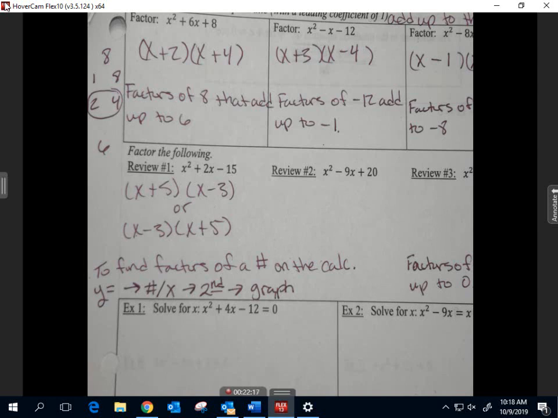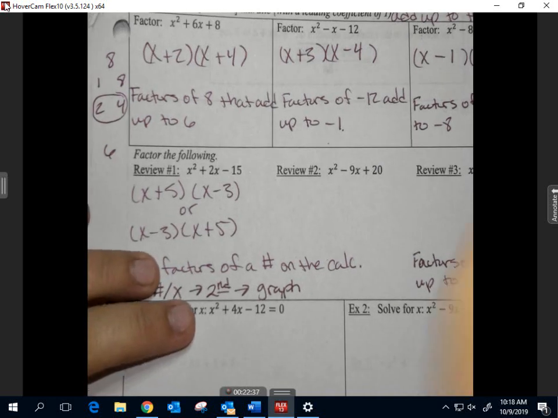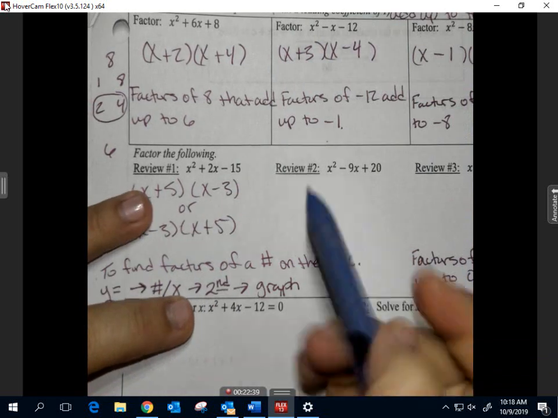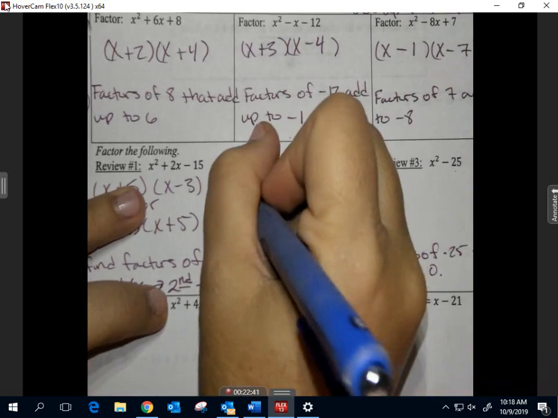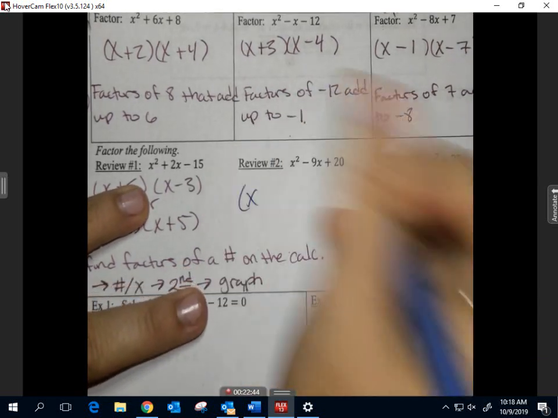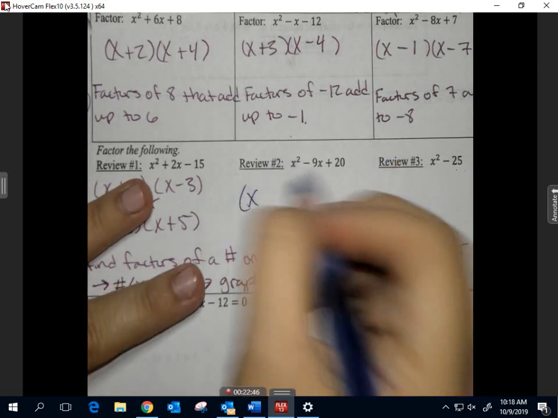Do we start solving the other one? No, don't. That looks good. Yes. All right, I'm going to put the answers up so you can see what you're supposed to get. Most of you are getting them, so you're doing a great job, by the way. On number 2, you would get x minus 4 times x minus 5, and it doesn't matter the order here.